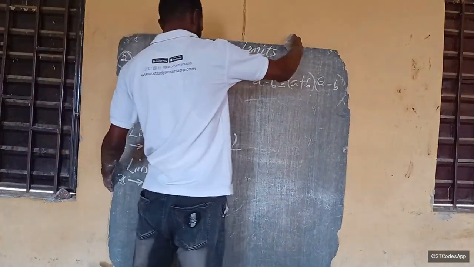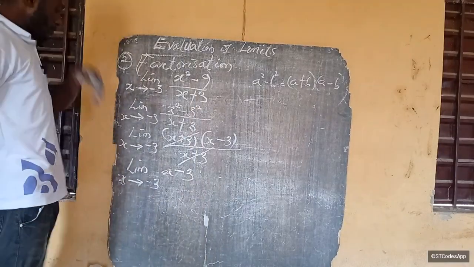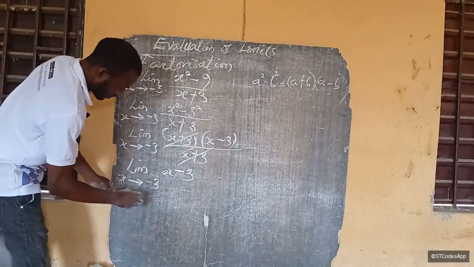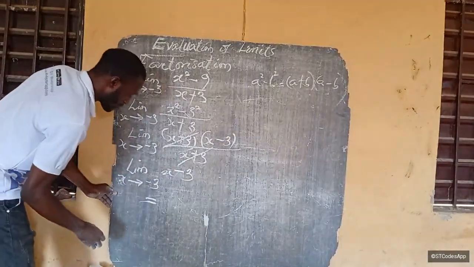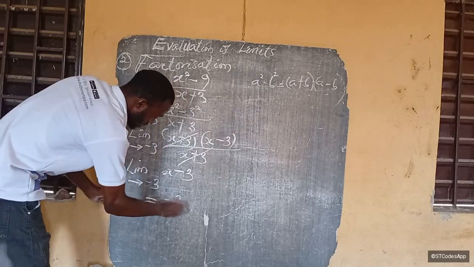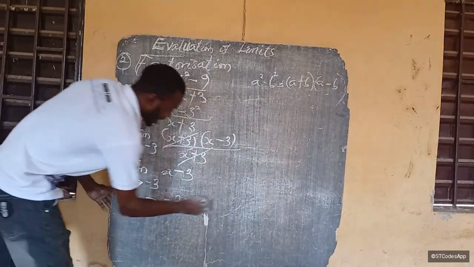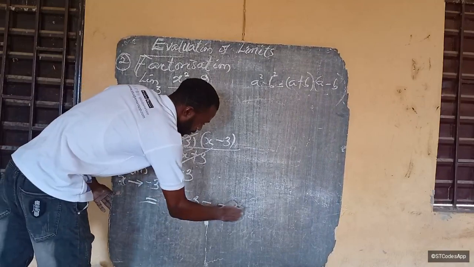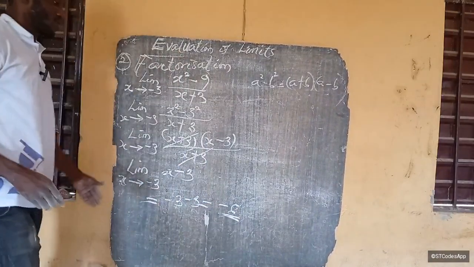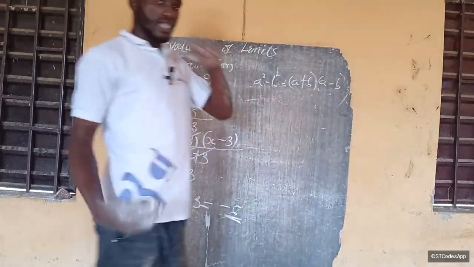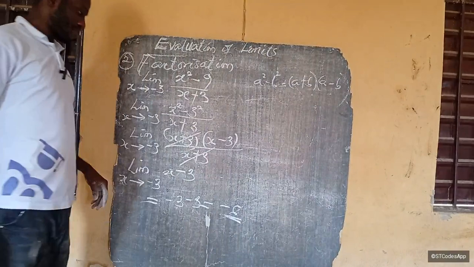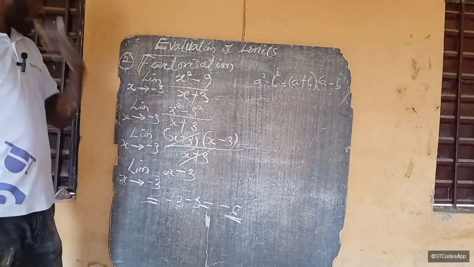So we substitute minus 3 into this, then our function becomes minus 3 minus 3, and that becomes minus 6. Okay, I hope this is very clear. Now let's go further.